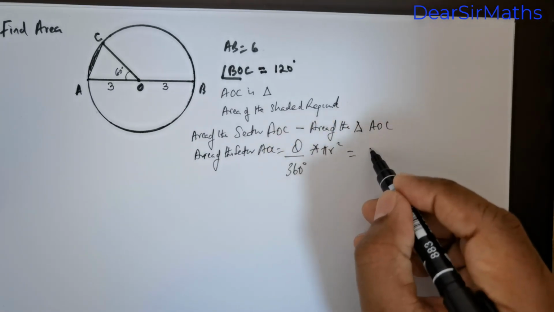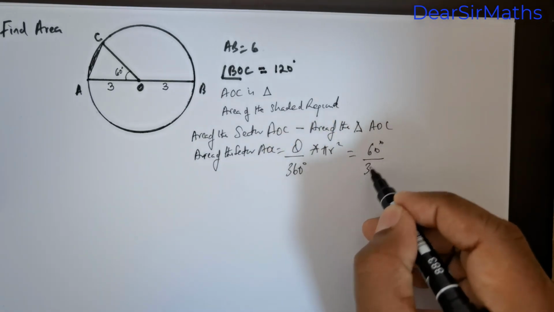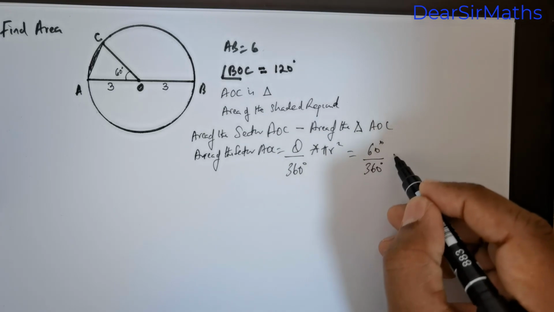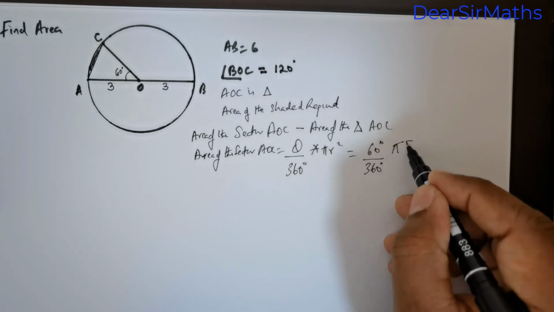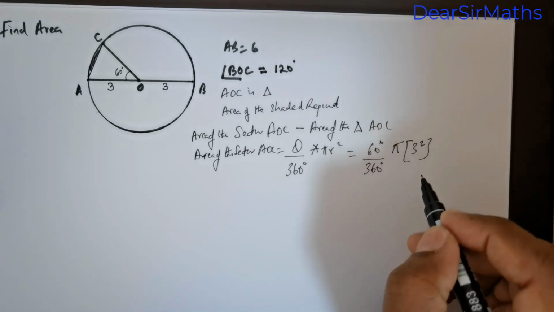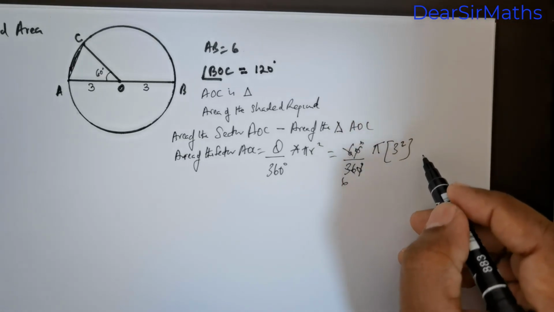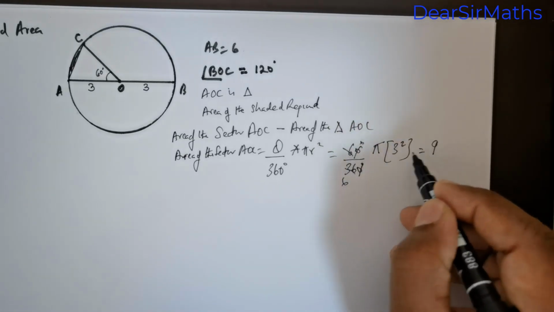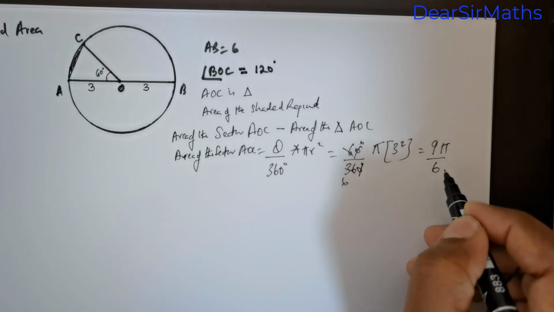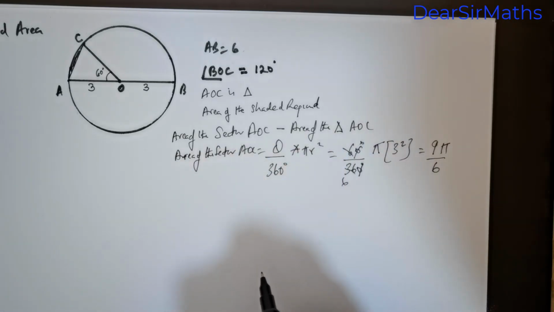My theta is 60 degrees divided by 360 times pi r squared, where r is 3, so 3 squared. So 6 divides here 6 times and you got 9 pi divided by 6. This is the area of the sector.